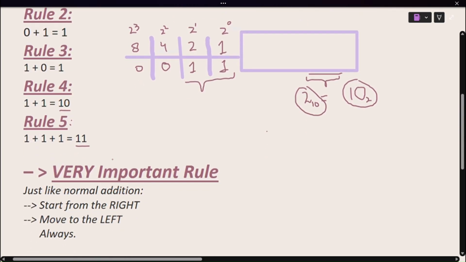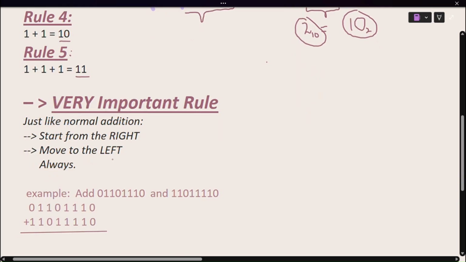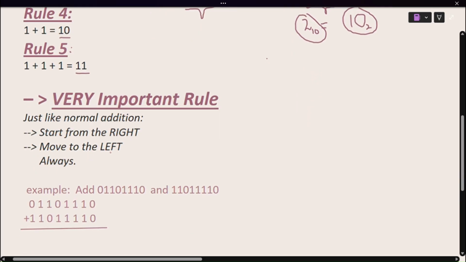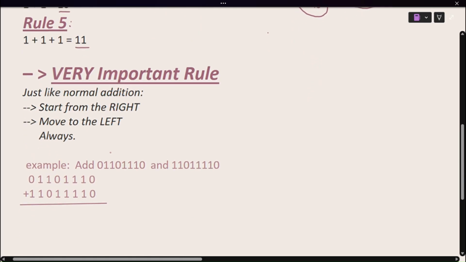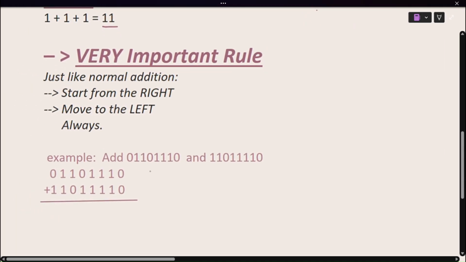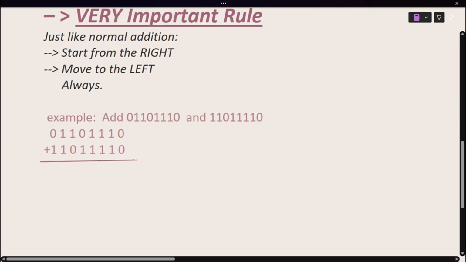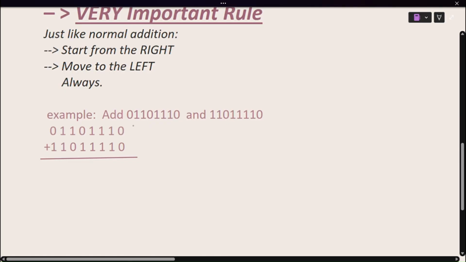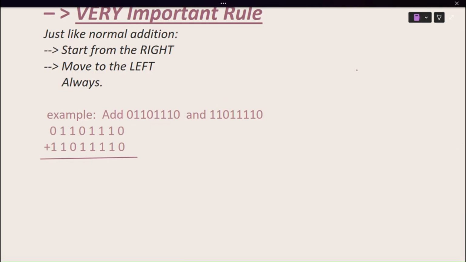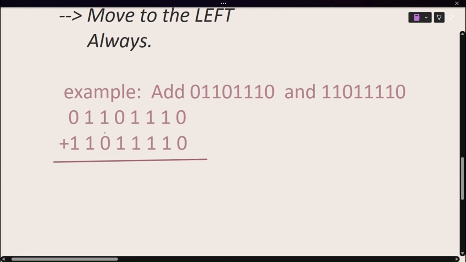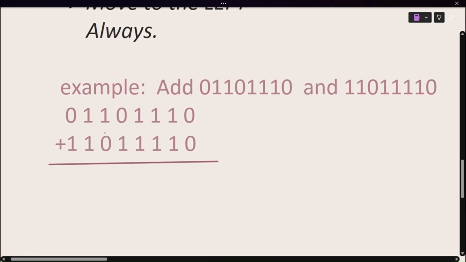Now, one very important rule is, like normal addition that you do in denary numbers, you have to always start from the right and then move to the left like this. Okay? So now let's do an example of addition of these two binary numbers. You need to see this, and there are some other rules that you need to remember as well.